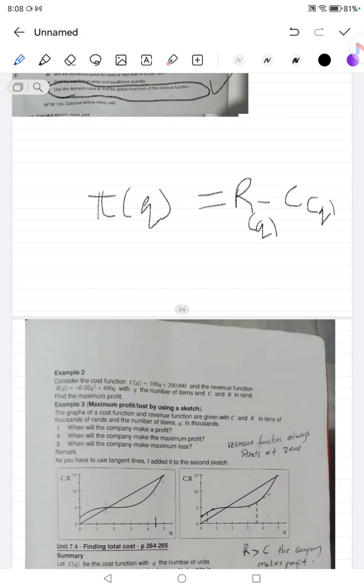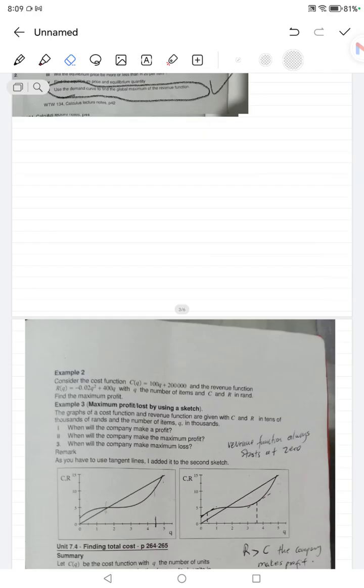Then after that, you use those steps for the first derivative, then you find your answer.